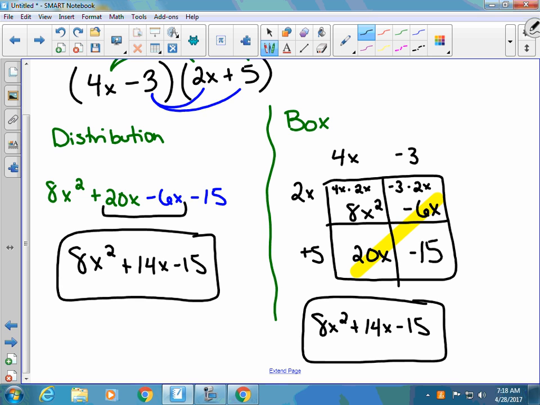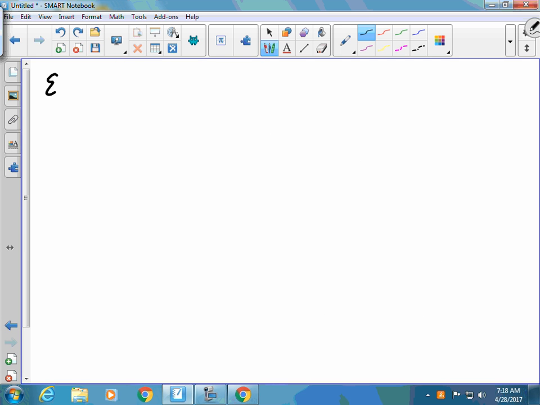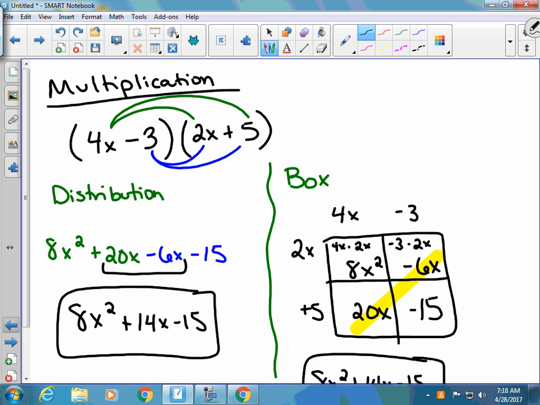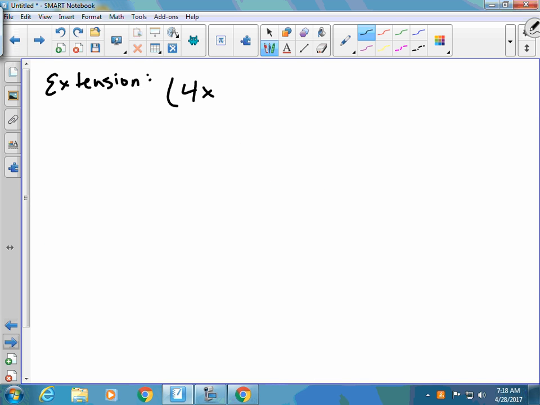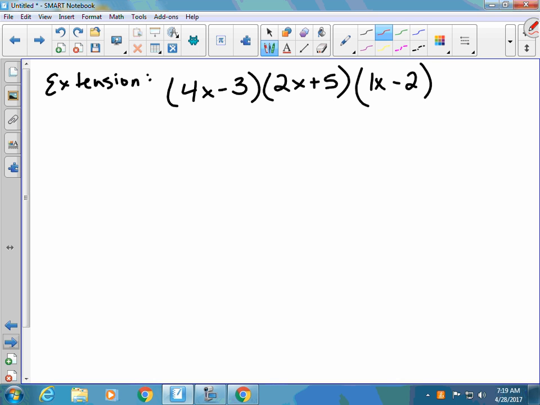Now, if they were to give you a third term, so let's say this is just an extension. This is our original, what we did on that last example. Well, let's say we had a third term here. So let's say this is 1x minus 2. So what you would do is you would multiply these two first.